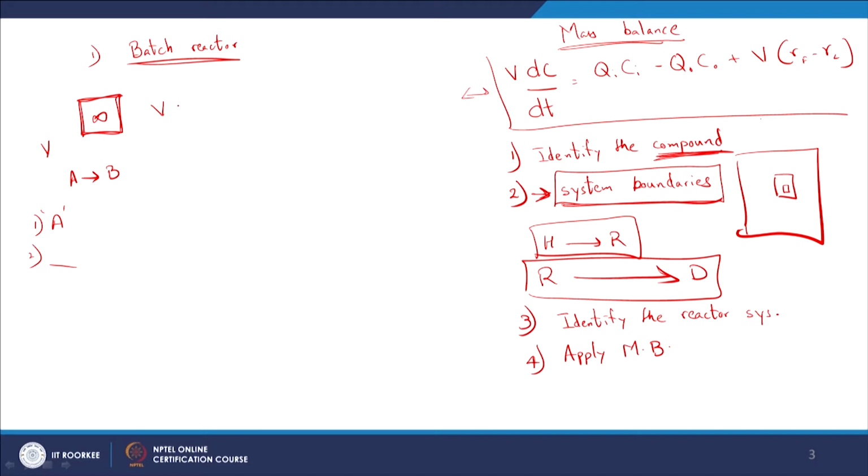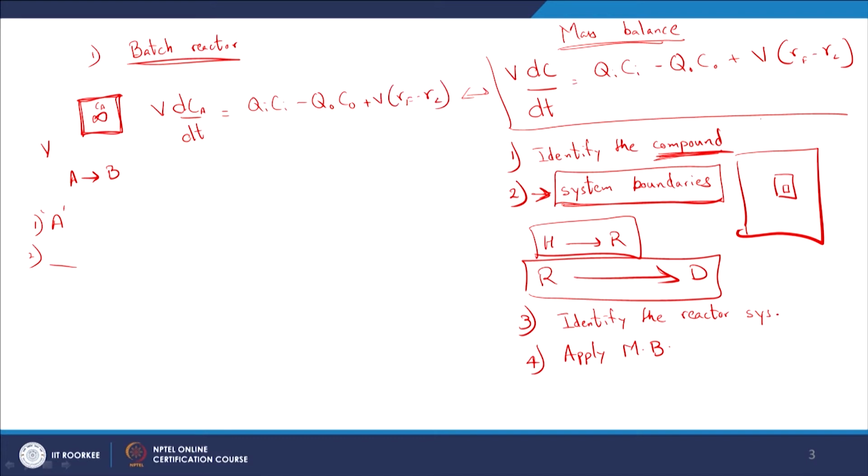It's V dC by dt, where C is the concentration of compound A within the reactor and V is your volume, equal to Qin Cin minus Qout Cout plus volume into rate of formation minus rate of loss.